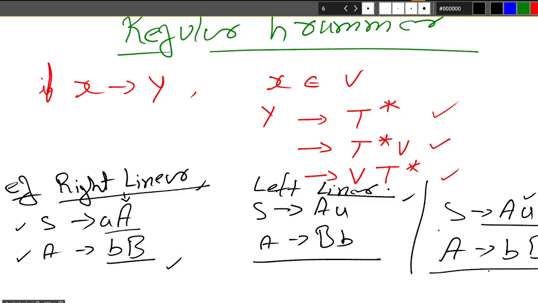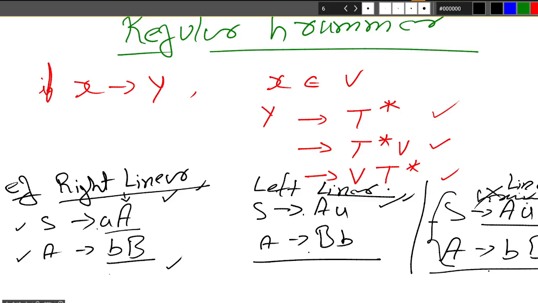In that case, this set of rules makes the grammar non-regular. A combination of left and right both will not remain a regular grammar. To remain regular, all the rules should be left linear or all the rules should be right linear. The combination of these two will make it a linear grammar.